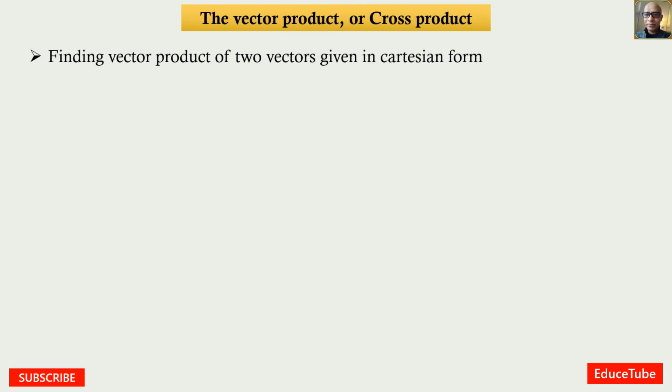So we will find the vector product of two vectors which are in Cartesian form, A equal to this, B equal to this. There are two vectors.